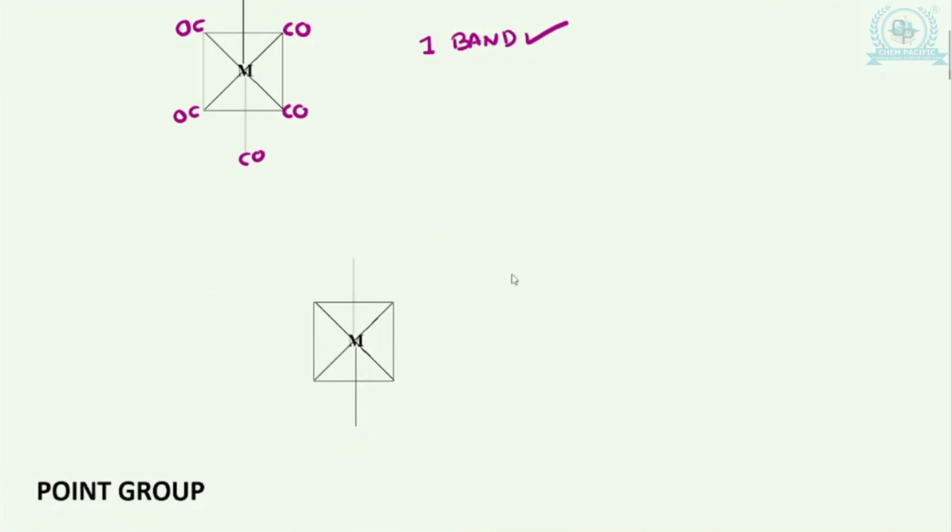If I replace one CO ligand with another different ligand, which results in a complex like this, that is M(CO)5L.